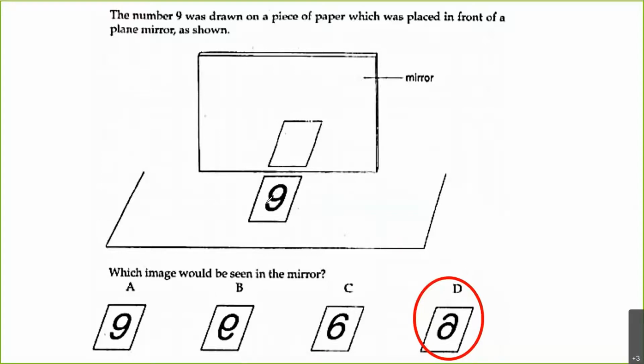So if I took this point and translated it over here, I would get another point right about here. If I took this point, did the same thing, I get another point right about here. And then if I took the bottom point here, translated that, it would end up right about there.